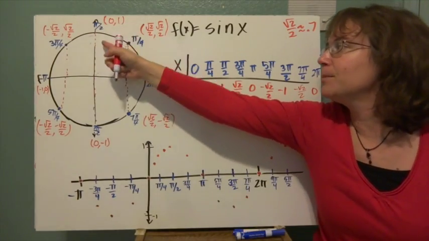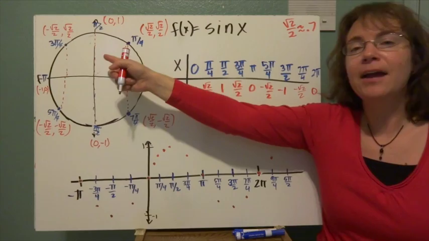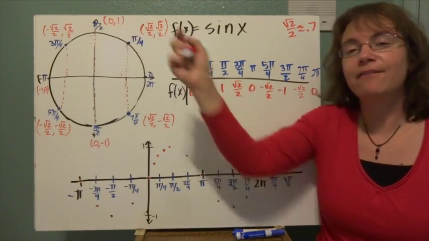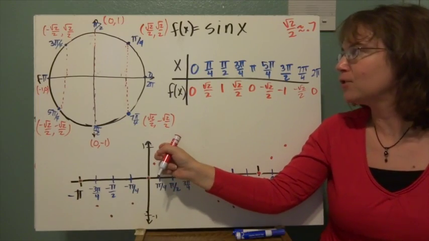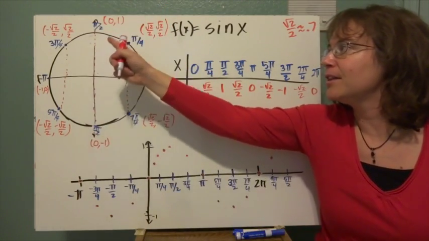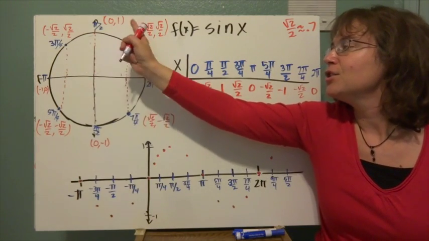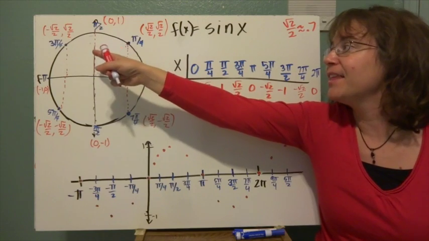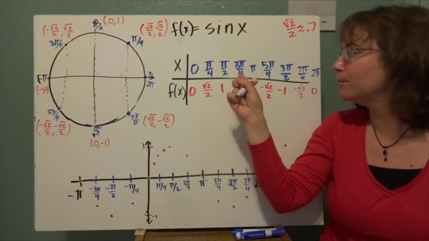Then if I go on to pi over 2, I look at my height, and my height, or my y value, is 1. So I'm going to get up here to 1. Now what happens to my height as I continue around that circle is it's going down. It continues to go down as I go to 2 pi over 3 and then to 3 pi over 4, which I actually plotted.